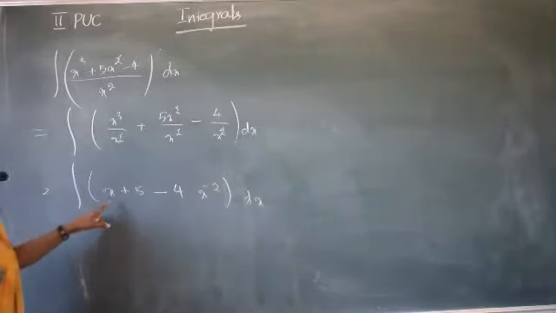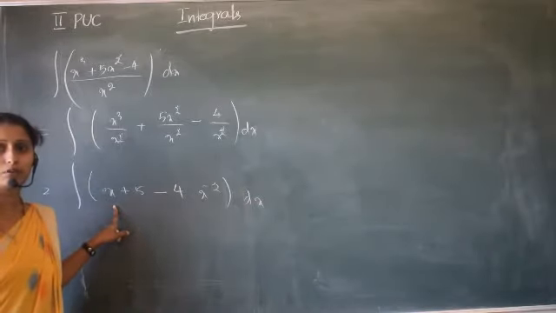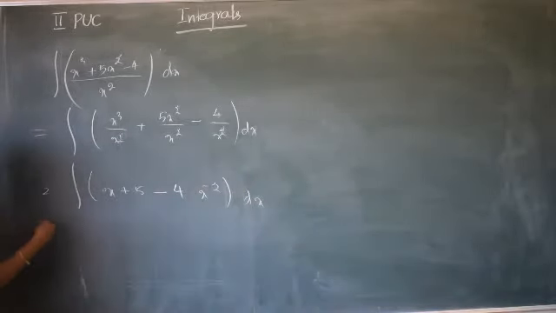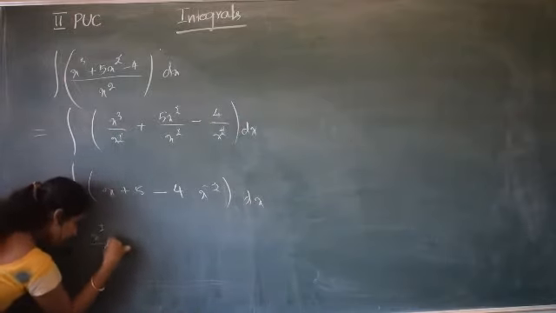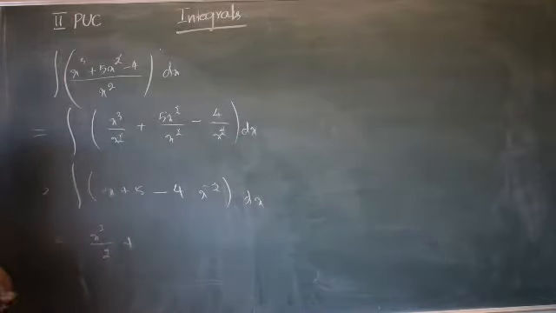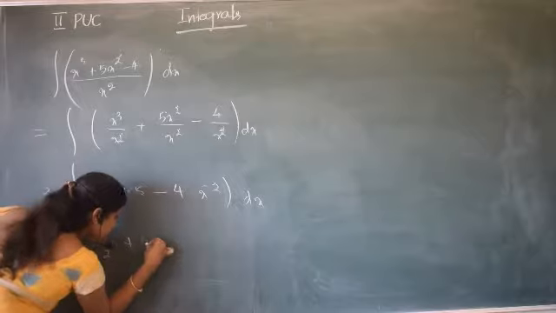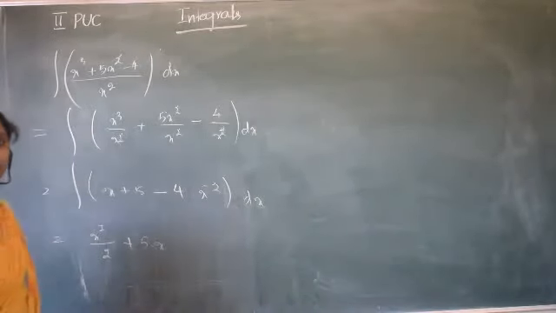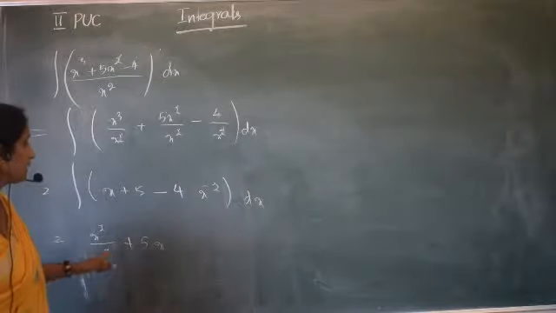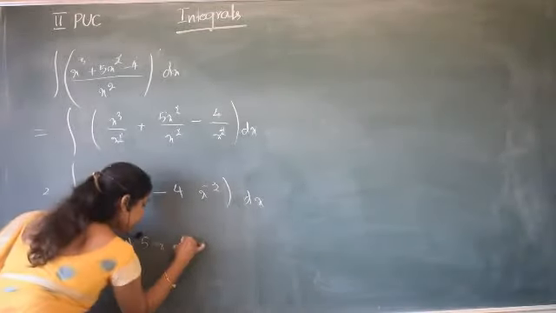Now what is the integral of x? x power 1 plus 1 by 1 plus 1, so this is equal to x square by 2 plus constant. 5 is a constant, so we can write it as 5 into x. Integral of a constant is constant into x. Then minus 4.